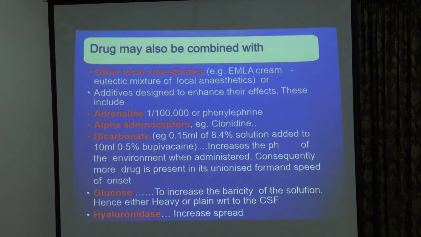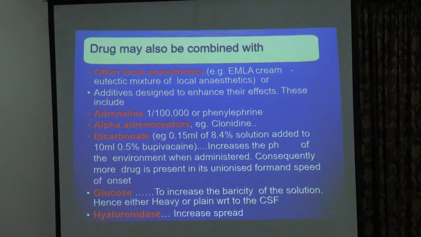And then the heavy bupivacaine that we mentioned. It's heavy in respect to CSF density. And that is because we've added dextrose to it, about 8.4% dextrose. That makes it heavy, so that when you put it in the subarachnoid space, or when you use it for spinal, it doesn't rise up too high, it sort of settles.